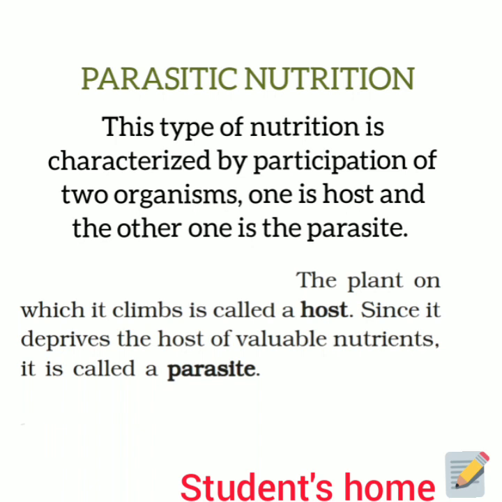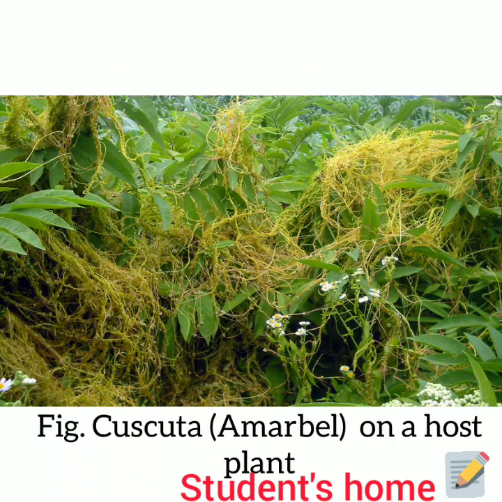So class, here the host plant is the plant on which the parasite plant climbs, and the parasite is the plant that is not able to do any photosynthesis and depends on other plants for their nutrition.